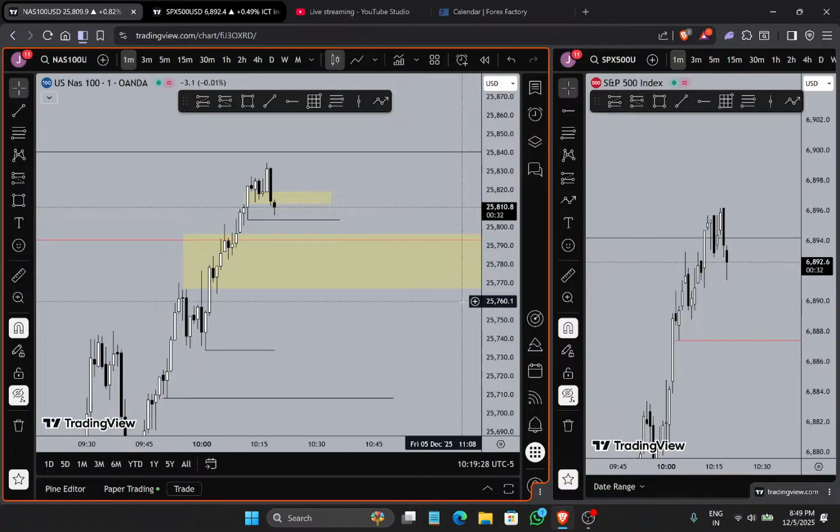This is city price action. You can see these candles, small candles, very bad.